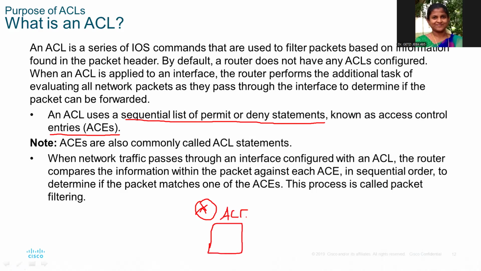When a packet comes inside the router, the router will check the ACE database. Based on the ACE database, it will either permit or deny. That is what happens in the access control list.